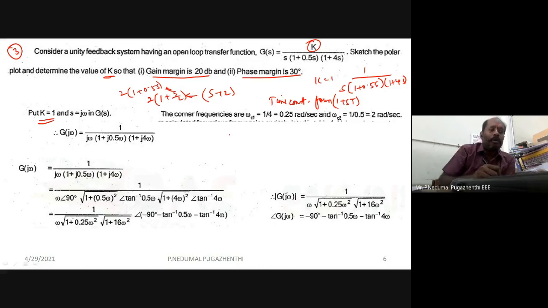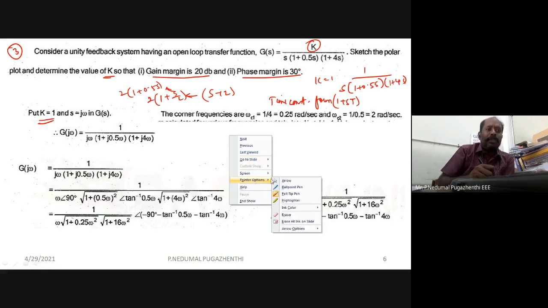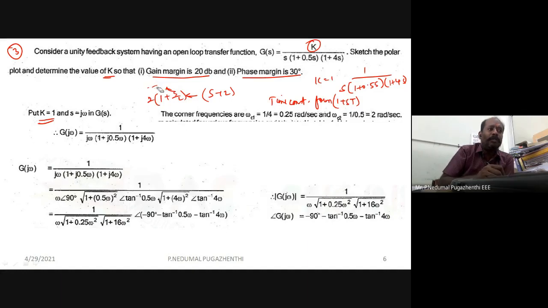Keep that in mind. Even before substituting s equal to j omega, you have to identify whether the system's transfer function is in time constant form. Otherwise, you have to convert it into time constant form.